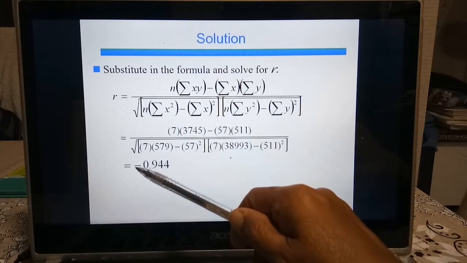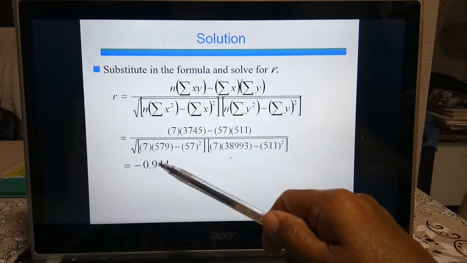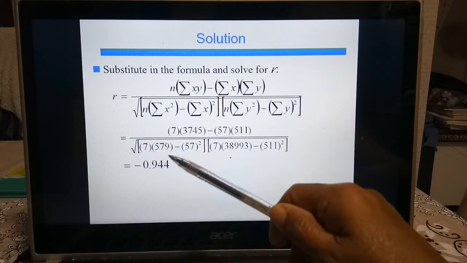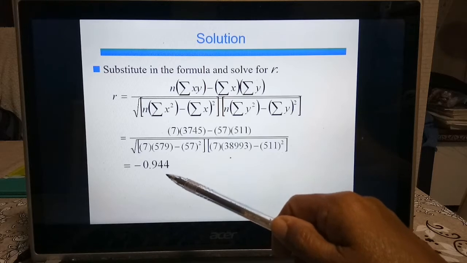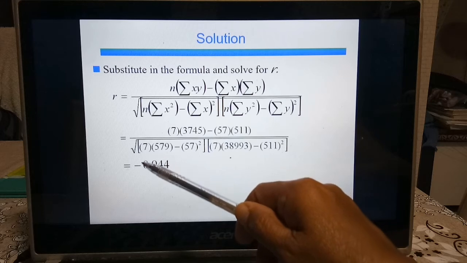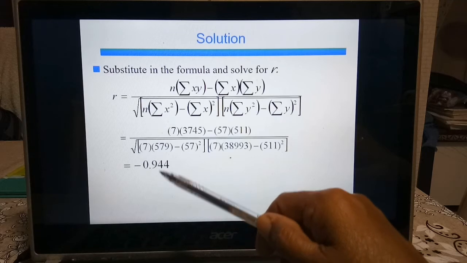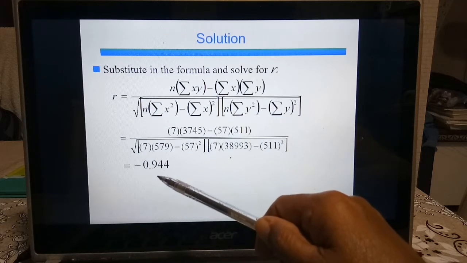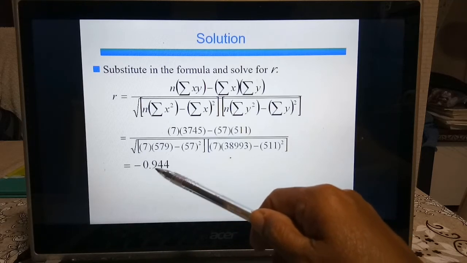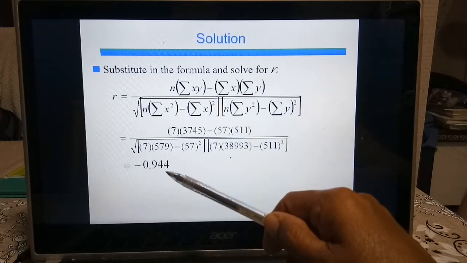Okay, negative here indicates that there is a negative relationship, meaning inversely proportional. The relationship between X and Y, absences and grade, is inversely proportional. The more absences, we expect the grade to be lower because the student does not attend much. That is why we get a negative relationship. If the value of R is nearer to 1, and 0.944 is closer to 1, it means a strong relationship.